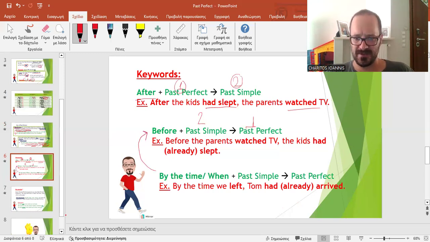The same happens with words like by the time, when, they're followed by past simple and then past perfect. By the time we left, Tom had already arrived. So first Tom arrived, and then we left. So these are three groups of keywords that once more stress the idea of the first action expressed in past perfect and the second expressed in past simple.